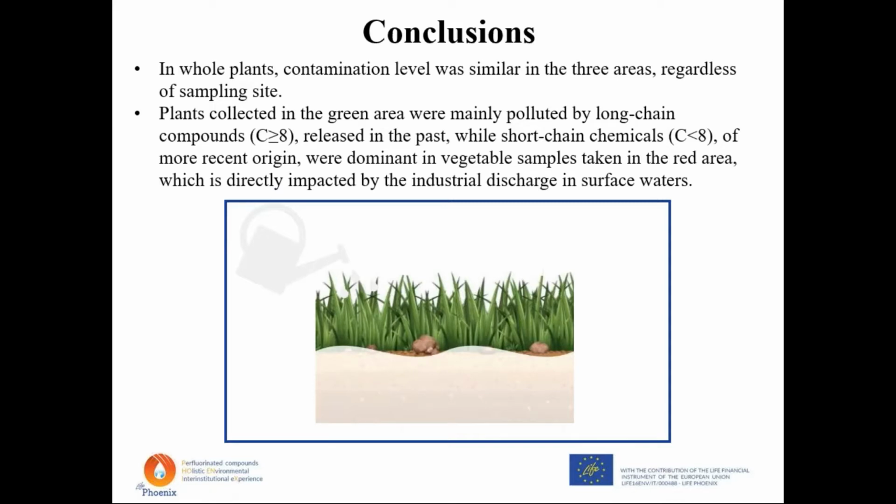About plants, we have found that the contamination level was similar in the three areas, but the contamination composition was very different. Indeed, the plants from the green area were mainly polluted by long-chain compounds released in the past, while short-chain chemicals of more recent origin were dominating samples taken in the red area.